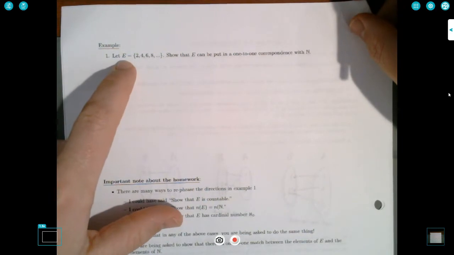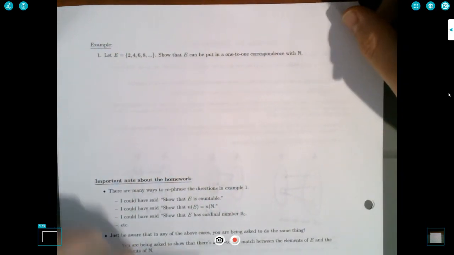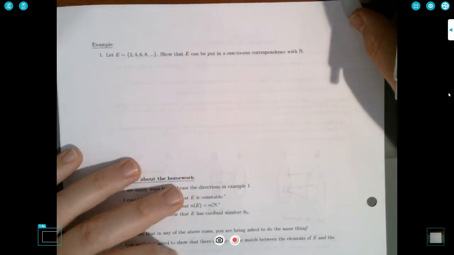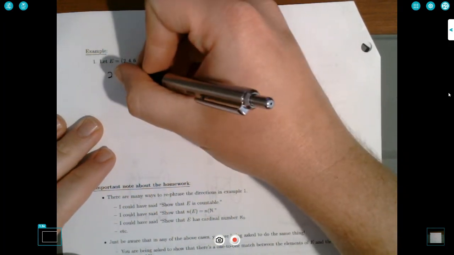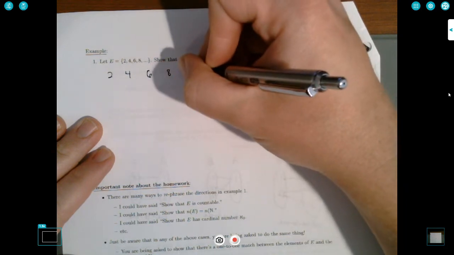Let's say that E is the set of even numbers: 2, 4, 6, 8, 10, 12, etc. Let's show that E can be put in a one-to-one correspondence with N. That's actually not terribly difficult. I'm going to write out the elements of E: 2, 4, 6, 8, 10.